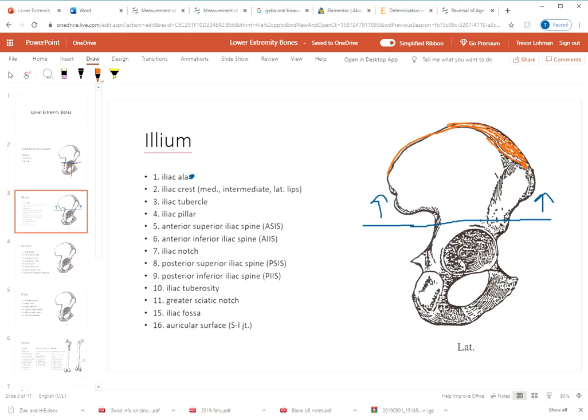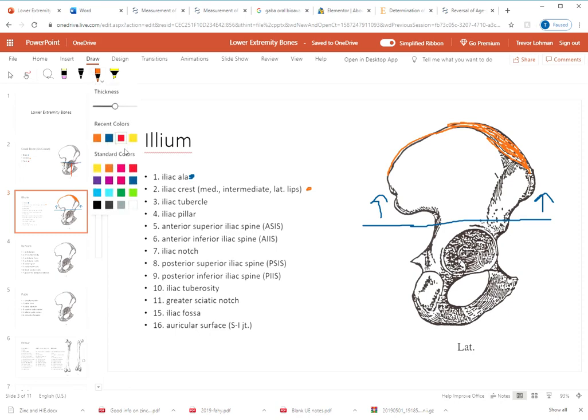It kind of swells out a little bit here in the front. Iliac crest. Now it has three lips. We don't need to label them. It's going to be too difficult for me to quiz you on those, but if you were to draw a line on the most lateral point of that crest and the most medial point, those would be the lateral and medial lips. And then, of course, you have the intermediate lip in the middle.